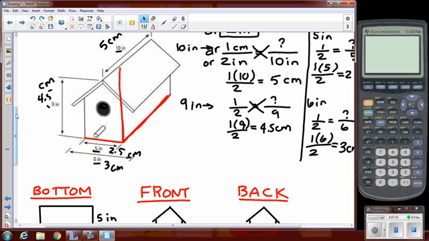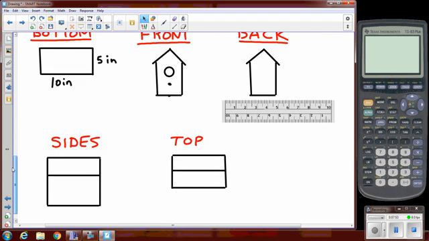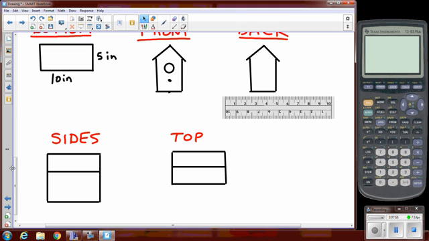But the one thing, if I was looking directly at the side, two-dimensional, I would see a line somewhere where that roof is hitting or overlapping the side. So here, we can say, here's the side of this. So this is 9 inches tall, 10 inches deep, and we got that.